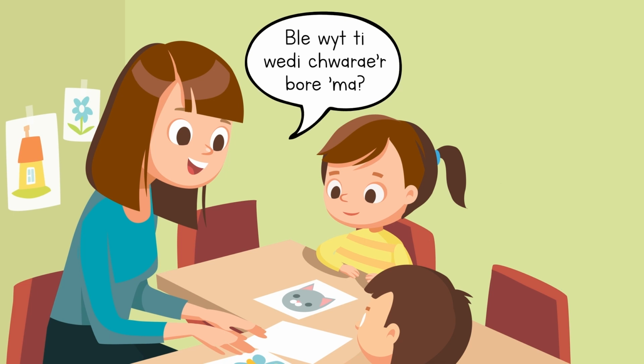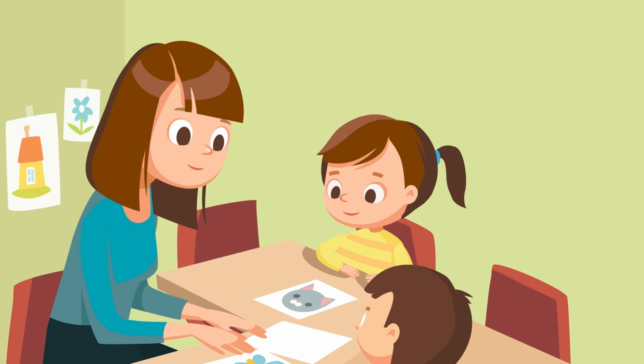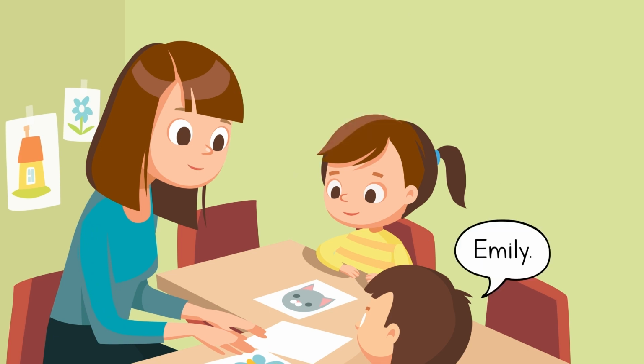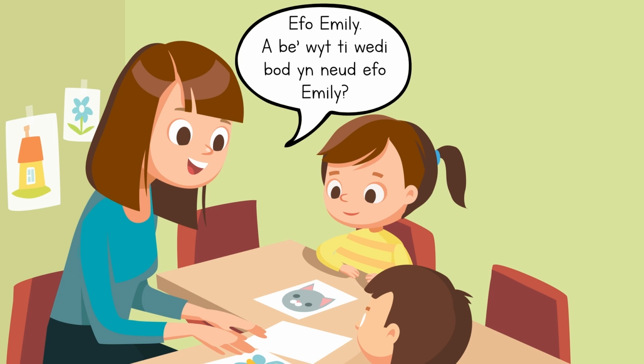Ble wyt ti wedi chwarae'r bore yma? Louis. Rwyt ti wedi chwarae efo Louis? Roeddet ti'n chwarae efo Louis bore yma yn y tŷ. Ond yn y cylch, ble wyt ti wedi bod yn chwarae? Emily. Efo Emily.